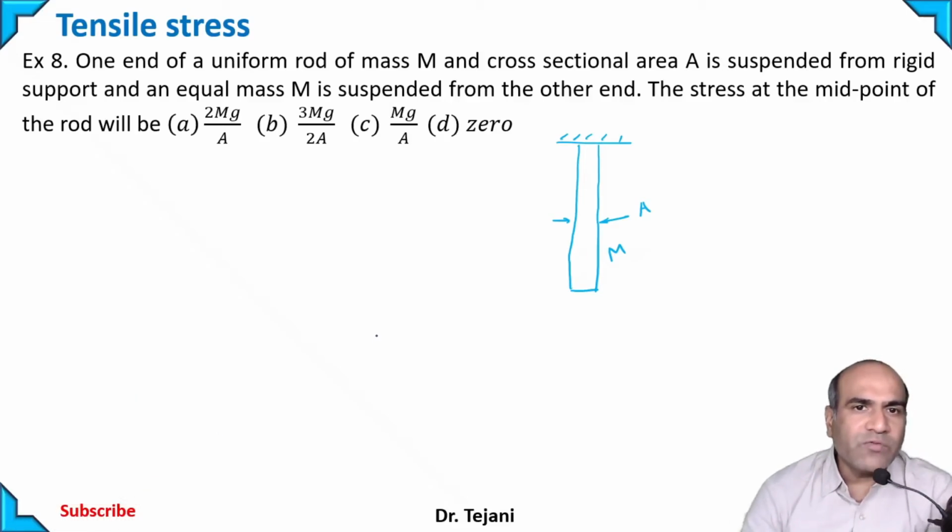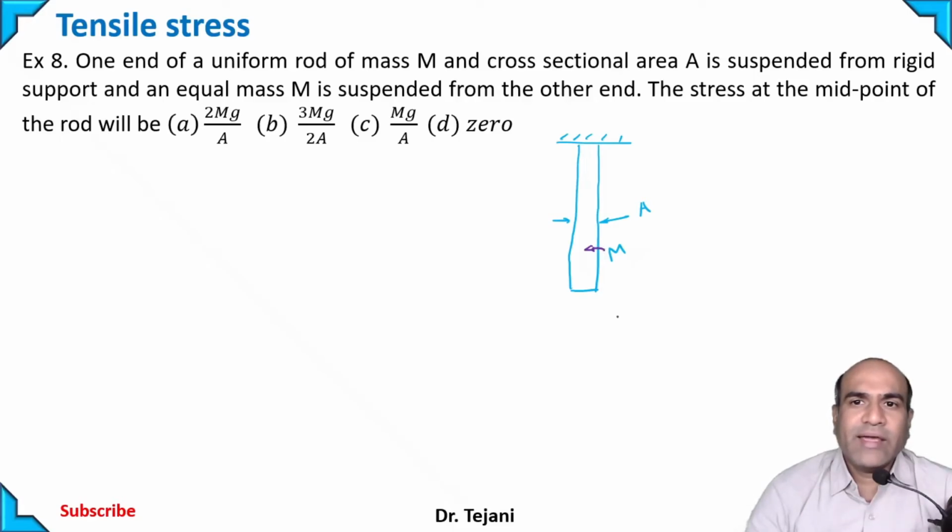One end of a uniform rod having mass m. So the mass of the rod is m, and cross-sectional area a, is suspended from a rigid support, and an equal mass is suspended from the other end. That means one end is fixed, and the opposite end has some other mass. Say for example here, and that is also m.